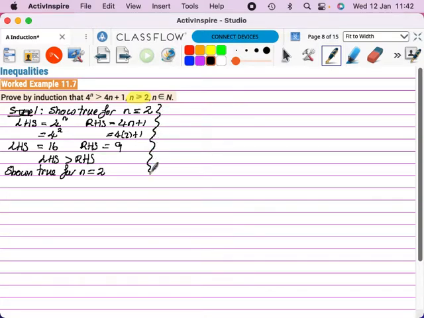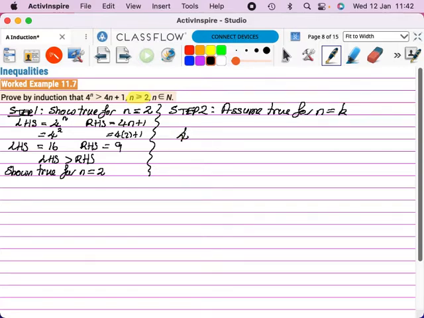So now we go on to step 2. And step 2, you should all know by now, is assume true for n equals k. So therefore, what are we assuming is true?